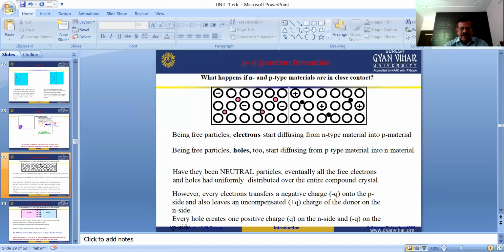Every hole creates one positive charge Q on the N side and minus Q on the P side.